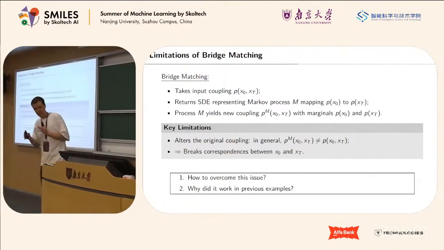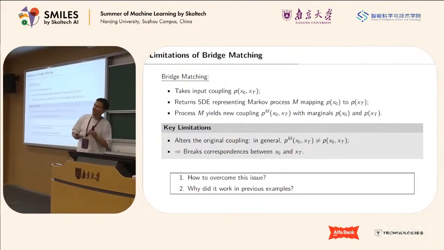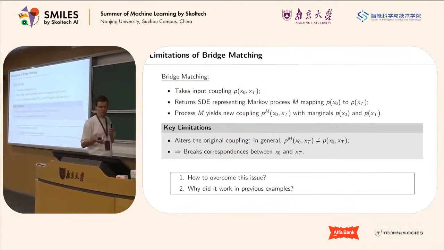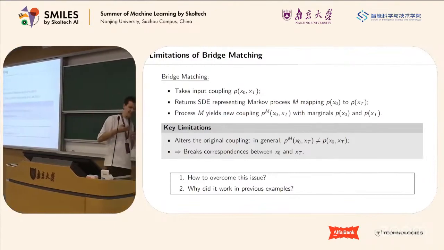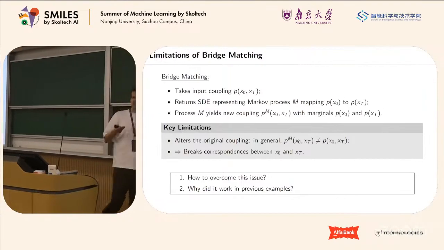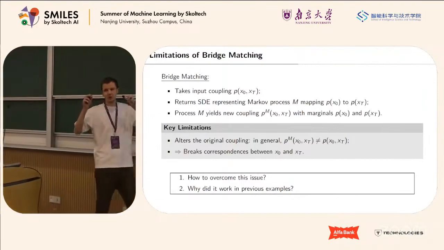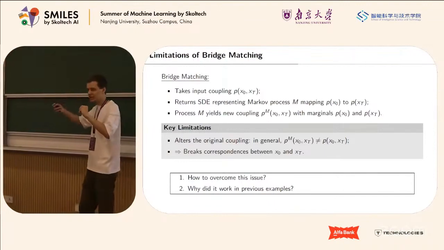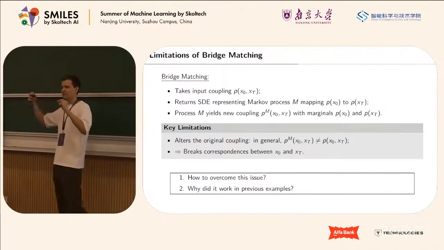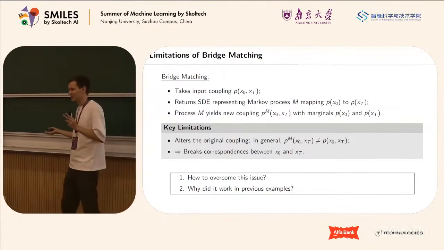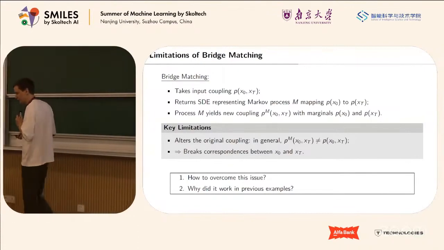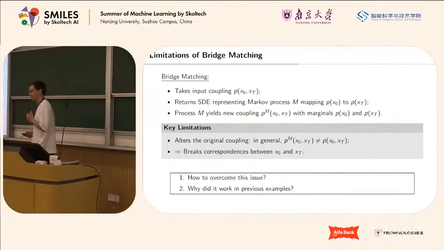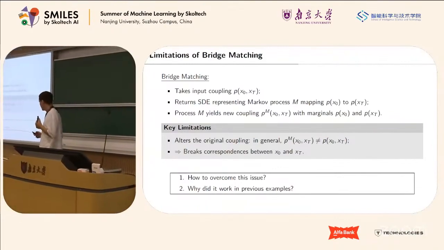But usually, people consider some specific extension of these diffusion bridge models, which allows to alleviate this theoretical issue. The theoretical issue is that you learn on some data correspondences, but at the end of training, what you obtain does not preserve these correspondences. So how is this issue usually solved, and what to do with it?